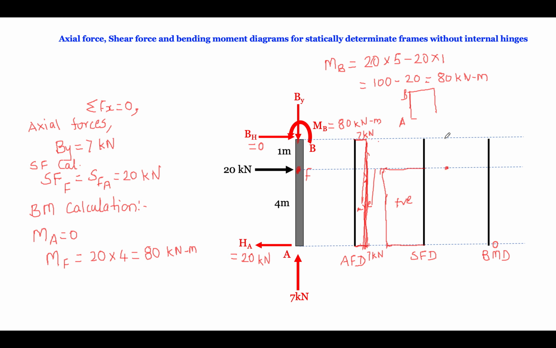And at point B also there is 80 kilonewton. Moment at A is equal to 0, moment at F is equal to 0, and then moment at B is equal to 20 into 5, and then 20 into 1, that is 80 kilonewton.